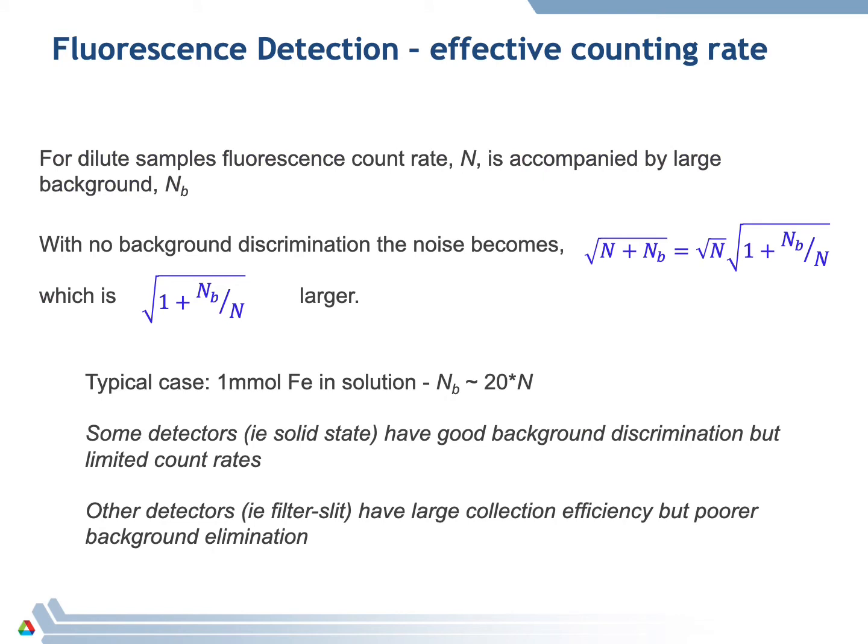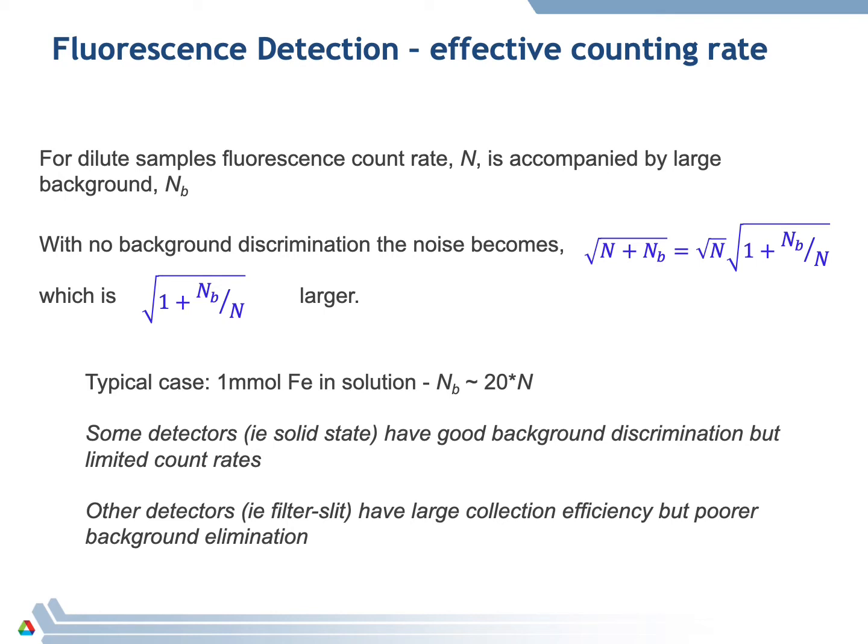So I mentioned this effective counting rate in that first slide. If the fluorescence sample is accompanied by a large background, which it almost always is because the signal of interest from the element is dilute, you're going to get scattering and maybe other kinds of fluorescence from other elements in the background.